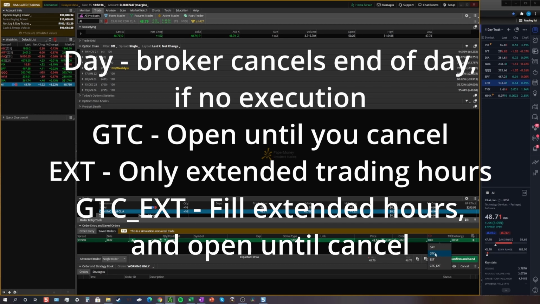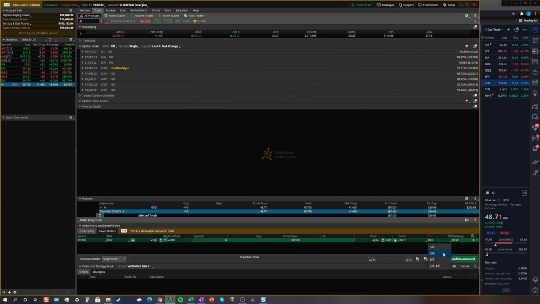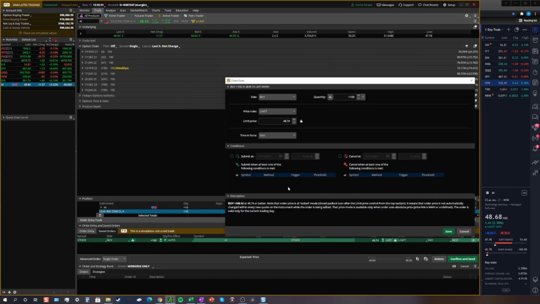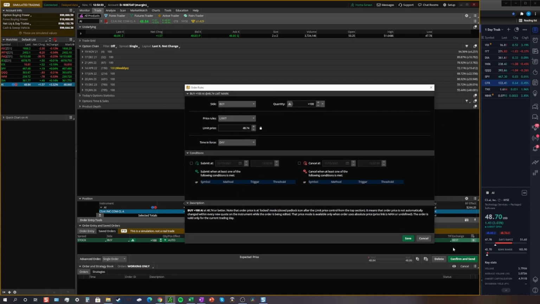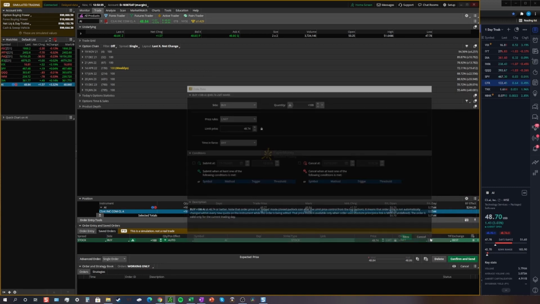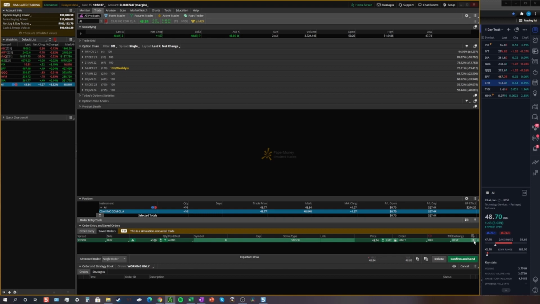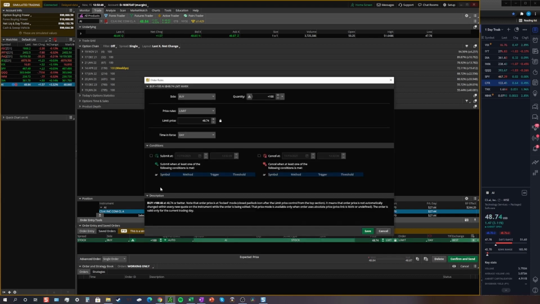Good till cancel, definitely for stop losses on swing trades and stuff like that. Another way you can possibly put in triggers is in here. It's the widget right here at the end. You just click on that widget and you get this order box, or the order rules, to pop up, and down here you have conditions.